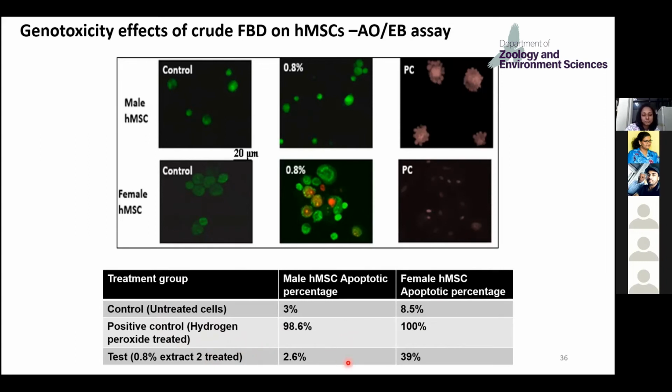So 2.6% was the apoptotic percentage, but the female line had a 39% apoptotic percentage using this distillate. Here you can see that the female cells are in red, showing that the ethidium bromide had bound to the cells.